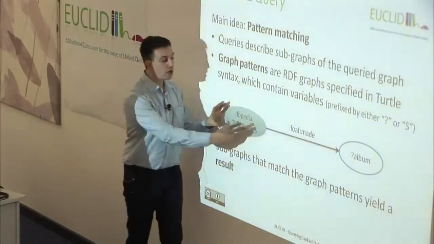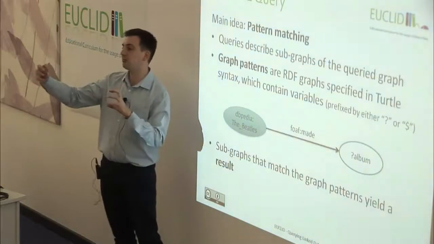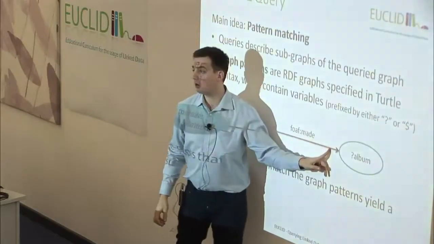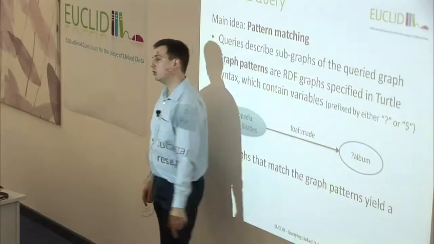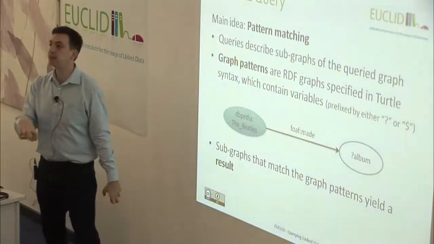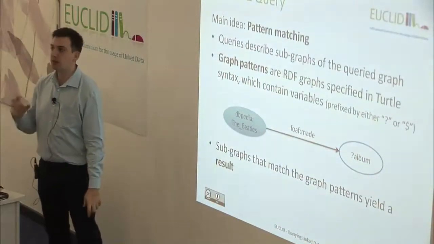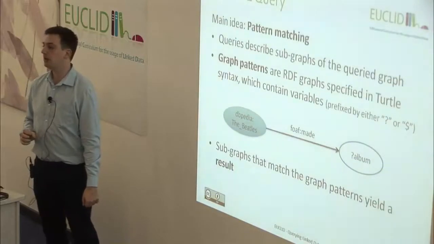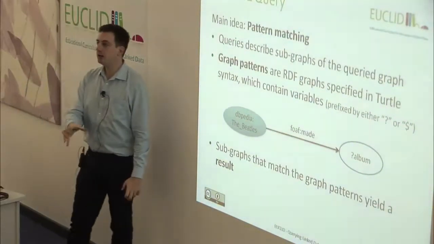So it's like a hole in the graph. We're looking through the data set to say, where can we match this kind of pattern by overlaying this? And when we do, what fits in the place of album? We say it binds to the variable album. And that binding is the basis on which we form a result to the query.